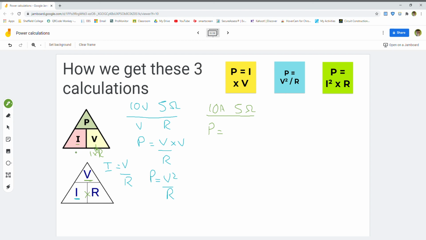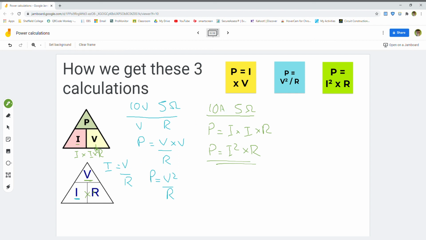And then we've also got this I here, which is times in it, to get to our power calculation. So it's V equals I times R. Or to make it simpler again, P equals I squared times R.